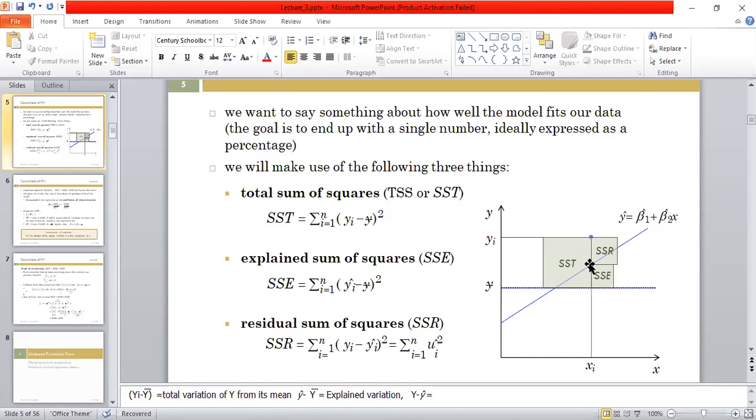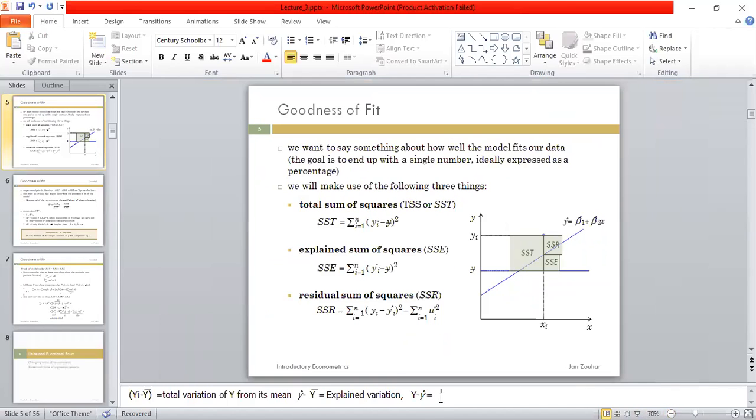Here, from y to y hat, this part is not explained. This is called the unexplained variation. Now look at this point again. We are explaining only one point, but remember there are 30 points like that.